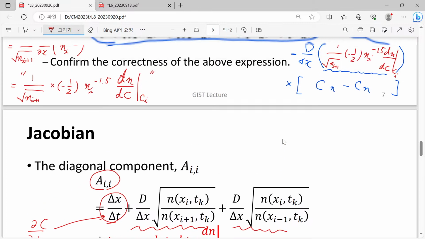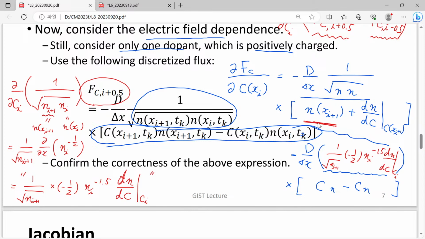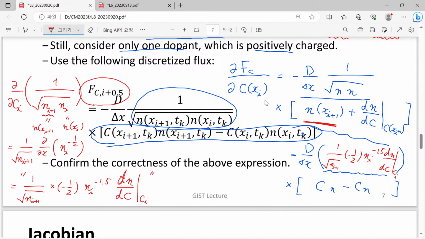These terms are obtained this way. This is the origin of this term. I simply say that you are now assuming that dn over dc equals 0. Of course, this is wrong, but you are currently assuming this one.